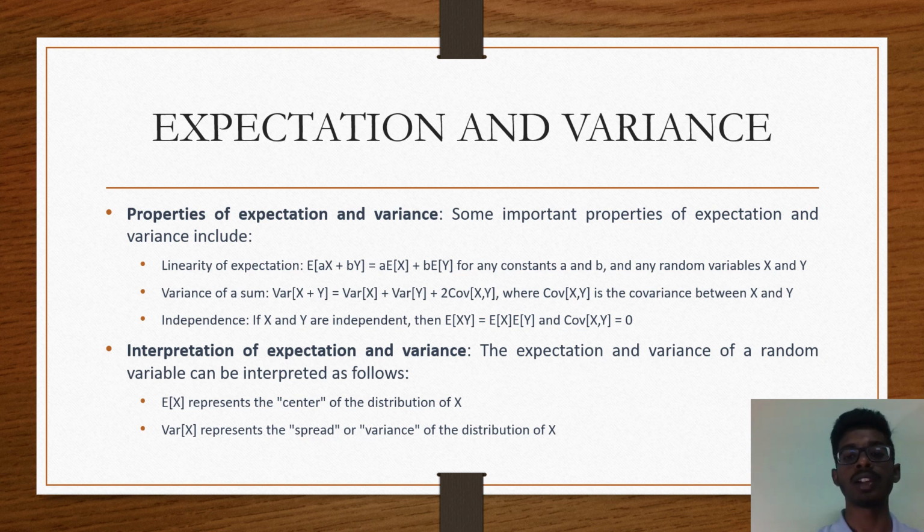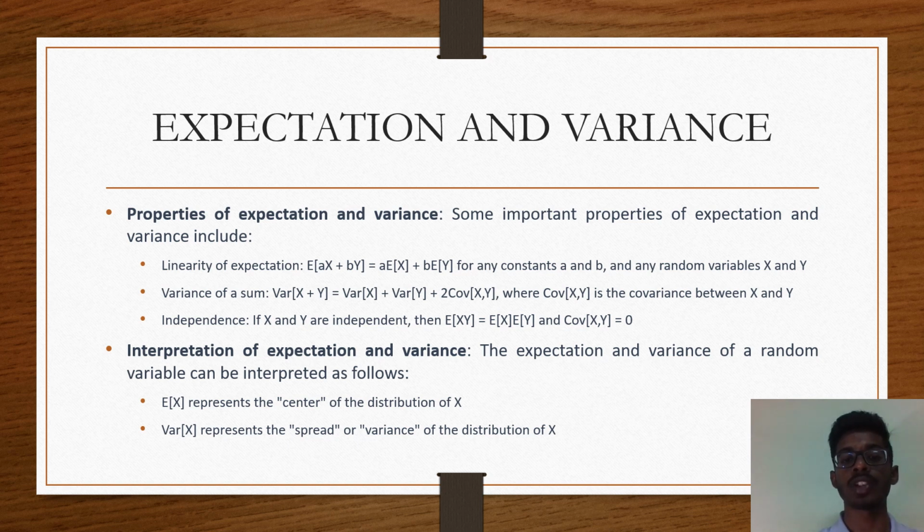The expectation and variance are very helpful in calculating the mean and the deviation from the mean. The expectation and variance have many daily life applications. These are useful in calculation of central tendency and dispersion values.